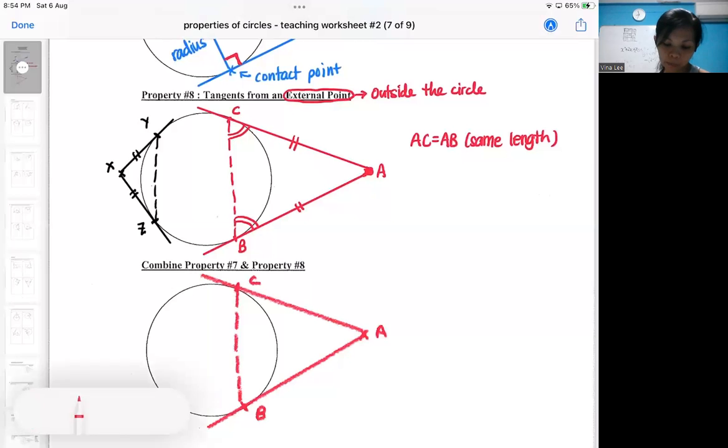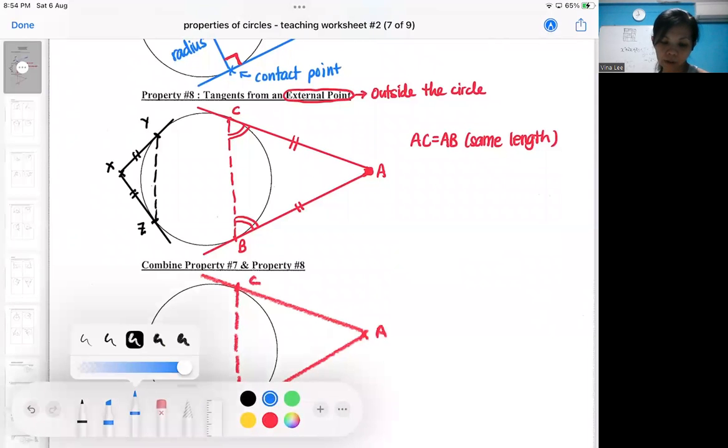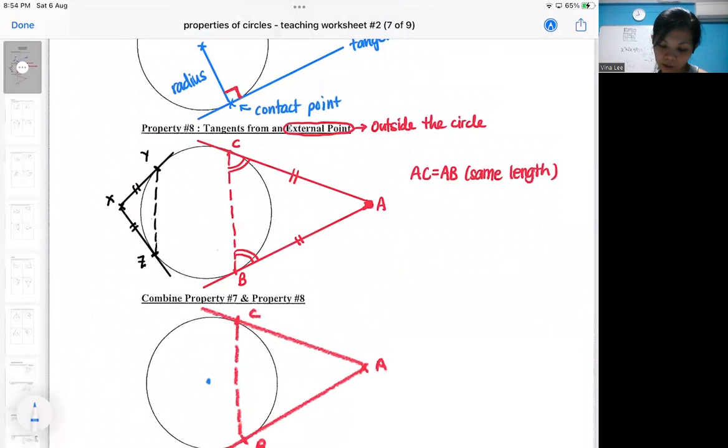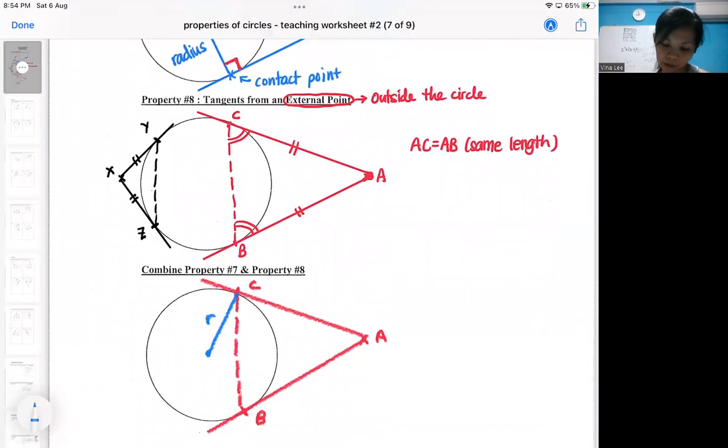I'm going to use the blue color one, because just now my property 7 was the blue color one. I'm going to connect the contact point to the center. So this one becomes the radius, and this one also becomes the radius. That will be the 90 degrees.